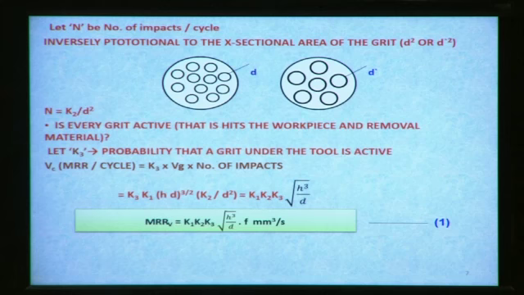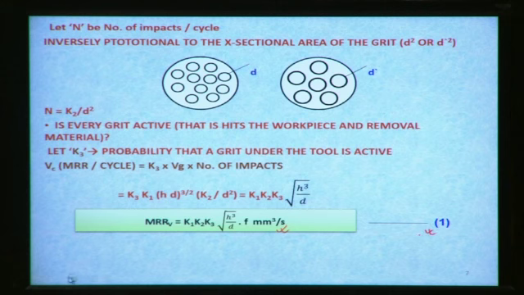This can be taken as MRRV, equal to K1, K2 and K3 root over h cube by d multiplied by f. F is the frequency of vibration of this tool. Generally it is more than 20 kilohertz. So here we get the volume of material removal rate in millimeter cube per second. This is equation 1.